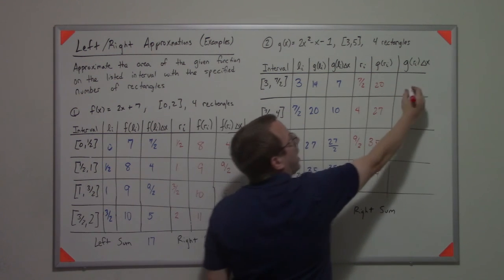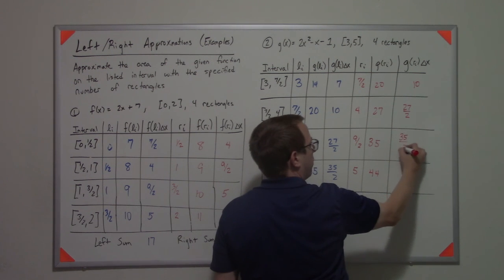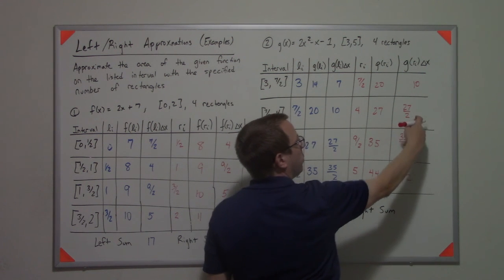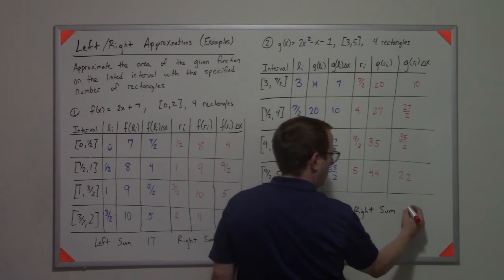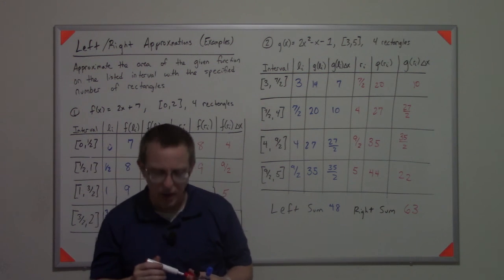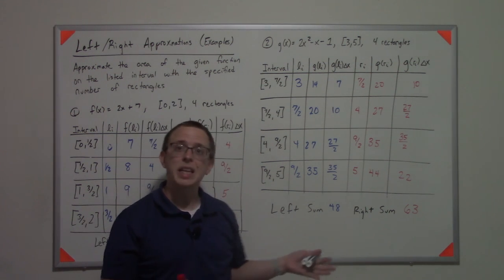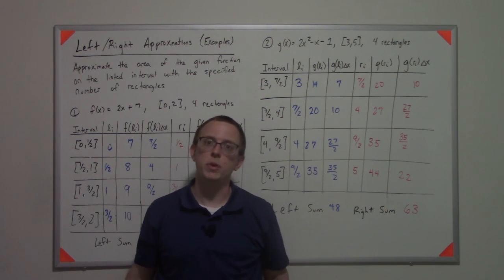If we multiply by 1/2, we get 10, 27/2, 35/2, and 22. When you add that together, that's 41, 63. Those are the left and right hand sums, and they're actually very clean, but you may not get clean answers when you perform these types of problems.